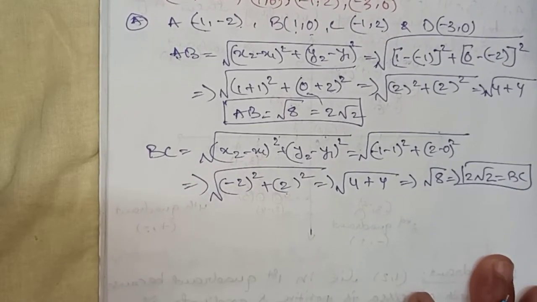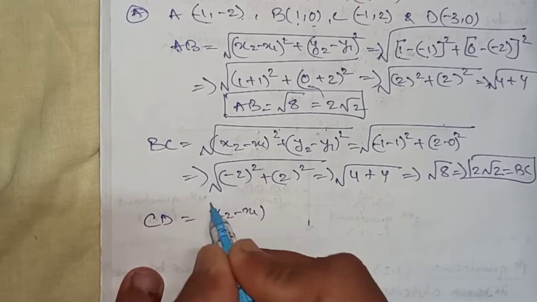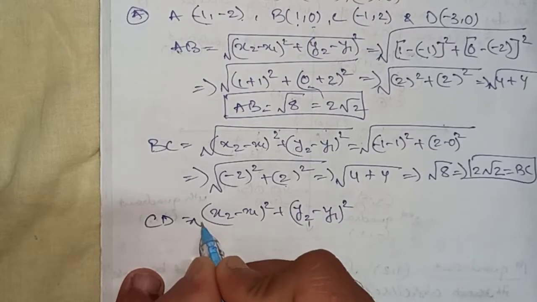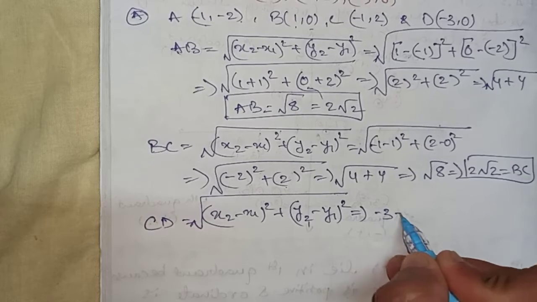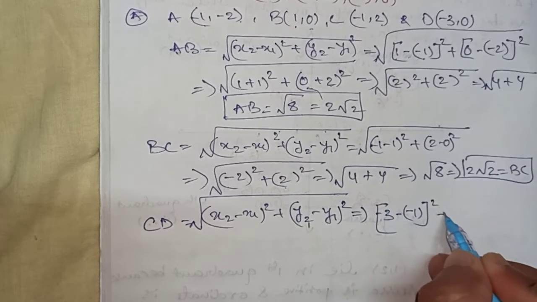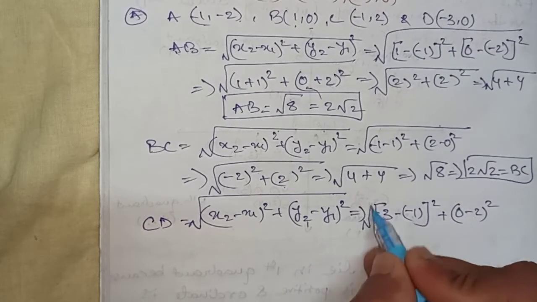Okay, next CD. Again square root of (x2 minus x1) whole square plus (y2 minus y1) whole square. Minus 3 minus minus 1 whole square plus 0 minus 2 whole square.